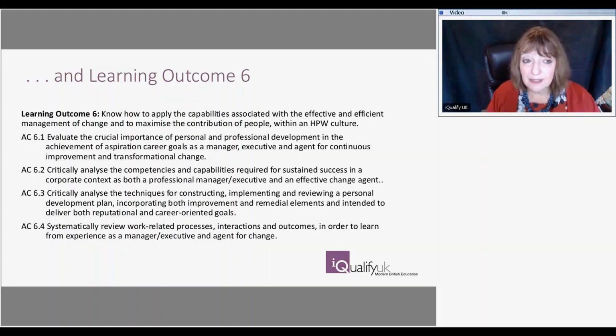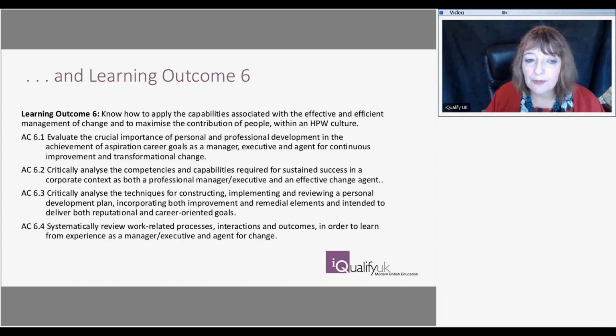The assessment criteria for this is: evaluate the crucial importance of personal and professional development in achieving career goals as a manager, executive or agent for continuous improvement and transformational change. So that's where the link for the change is. 6.2, critically analyse the competences and capabilities required for sustained success in a corporate context as both professional manager, executive, and an effective change agent.